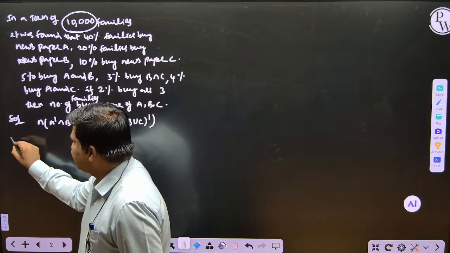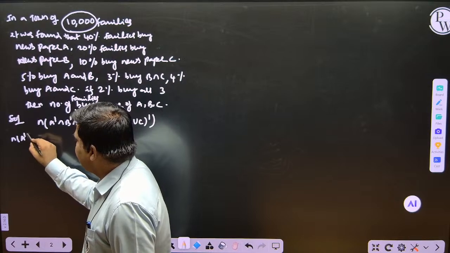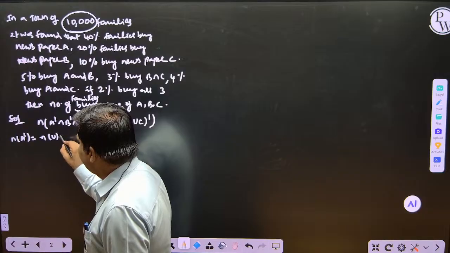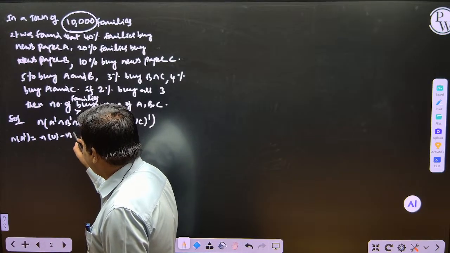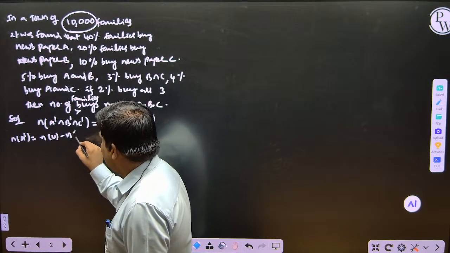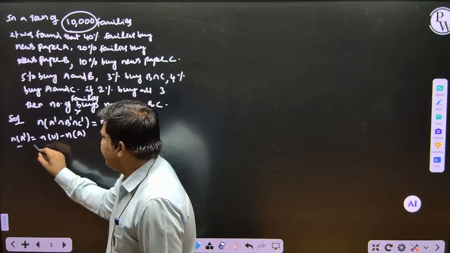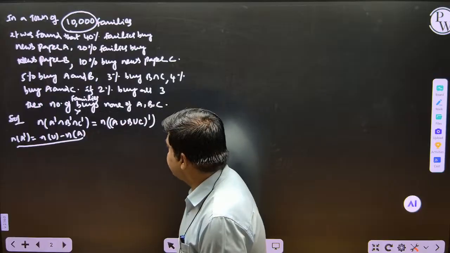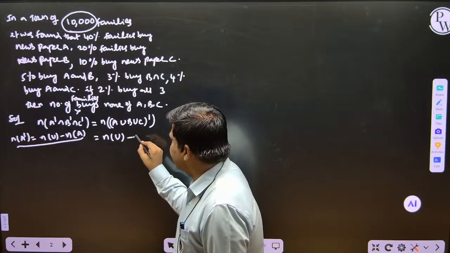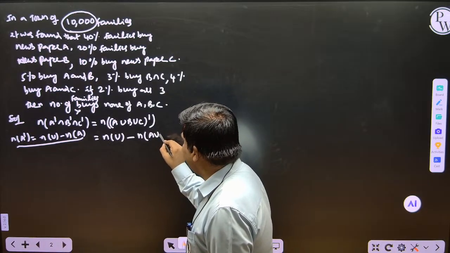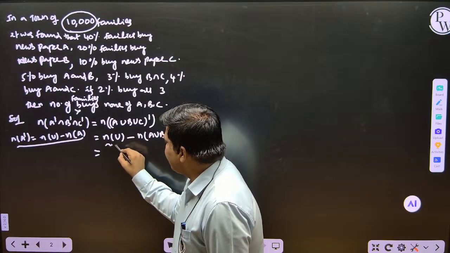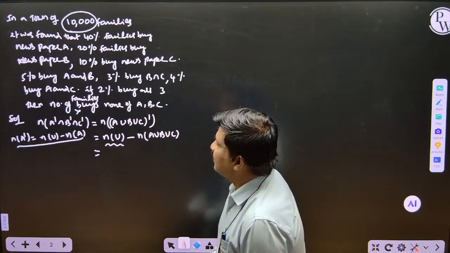As we know, N of A complement is equal to the number of elements in U minus the number of elements in A. So here it is N of U minus N of A union B union C. My N of U means the number of families in the town.